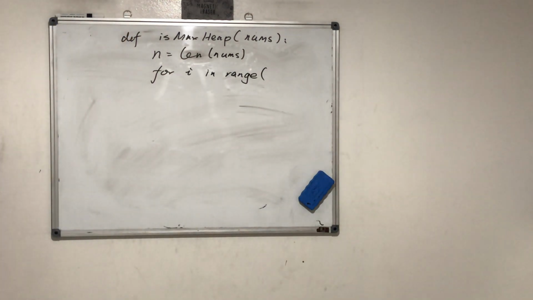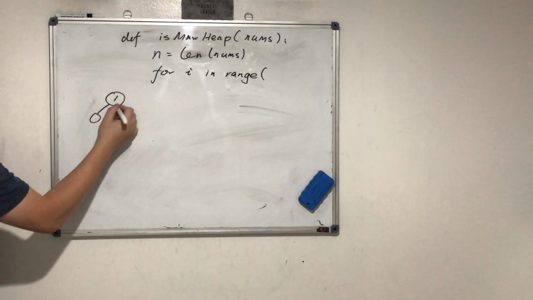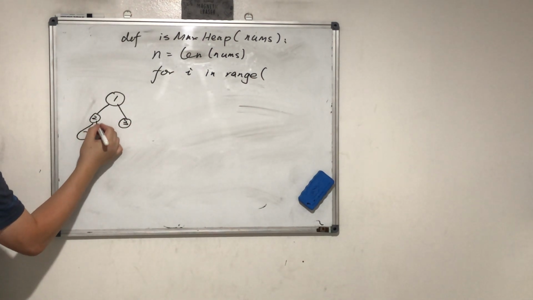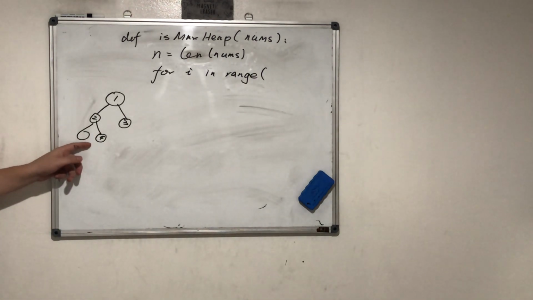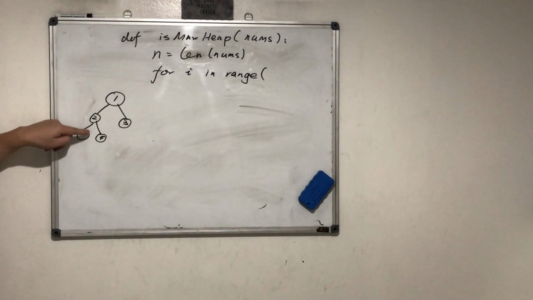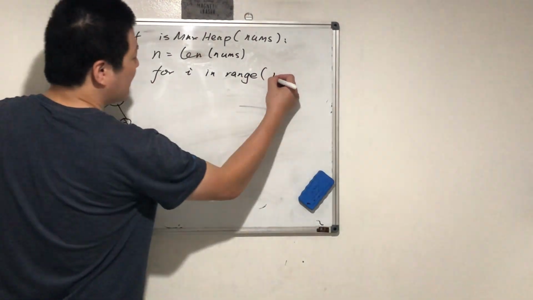Do we need to go through the whole thing, or can we just go through half? We can go through half, because the leaves don't have any kids, so we don't need to check them. So go to n divided by 2.